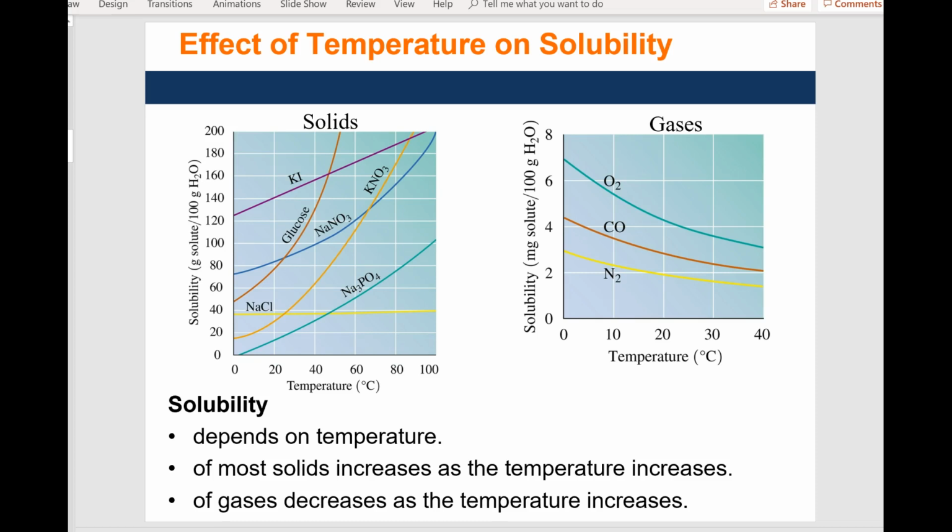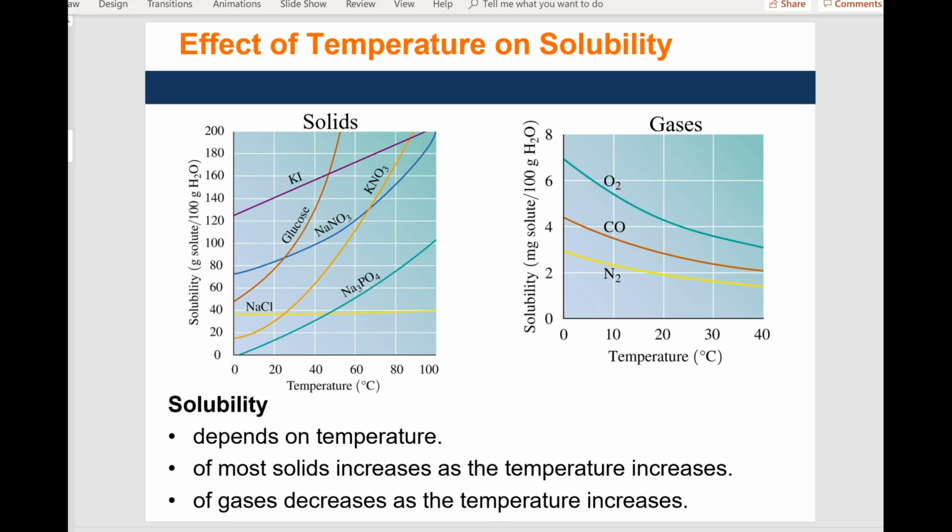What do you notice about your gases? They all go down. So you have this inverse relationship between the solubility and temperature. As you increase the temperature, you're going to increase the solubility of your solid material. But as you increase the temperature, you're going to decrease the solubility of your gases.